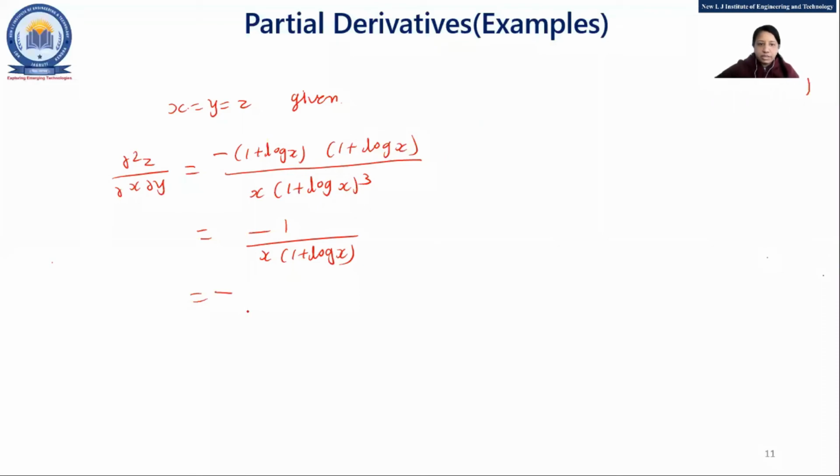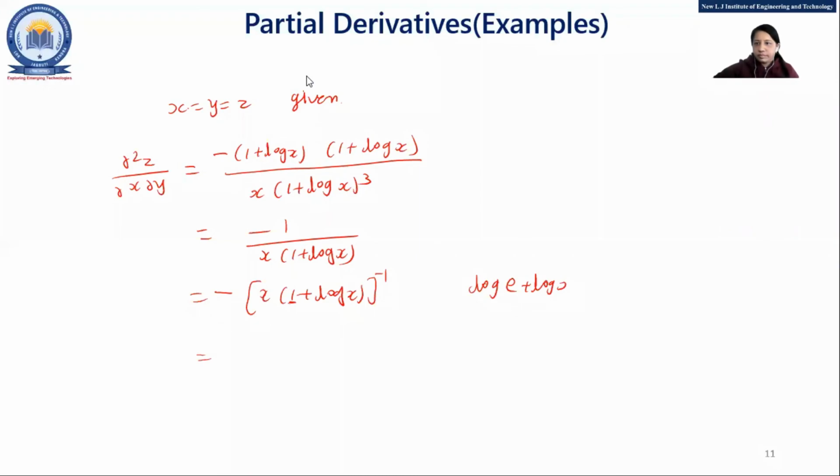Minus x into 1 plus log x raised to minus 1. Here this 1 can be written as what? This 1 can be written as log e.